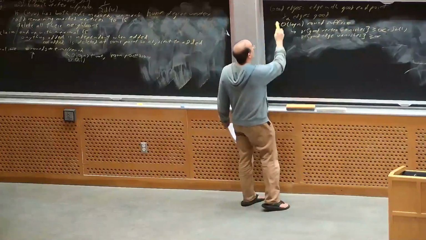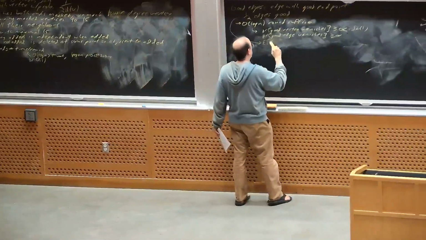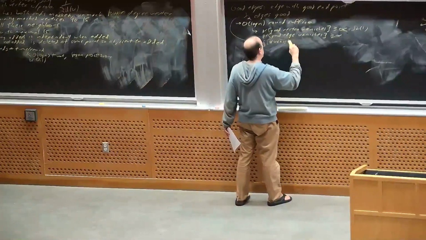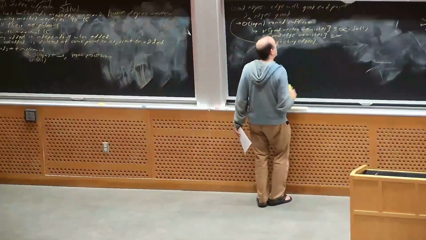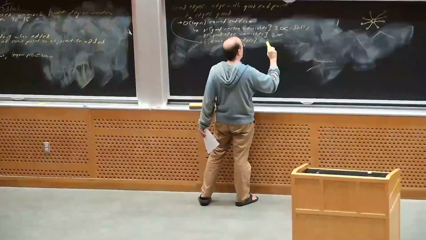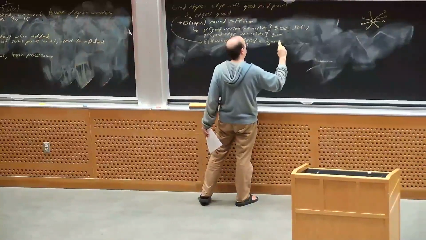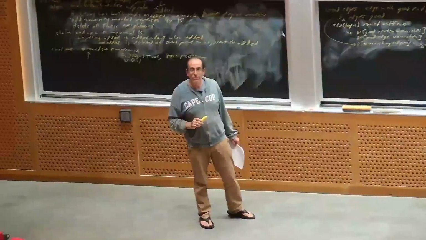Now, if I tell you that half of the edges are good, that tells me that the expected number of vanishing edges is at least 1/2 times alpha times m, the number of edges that you have.